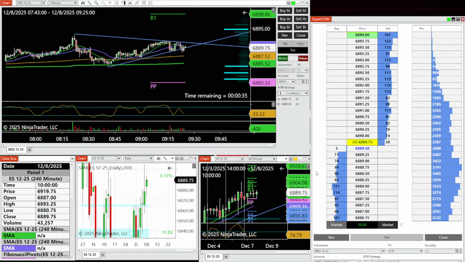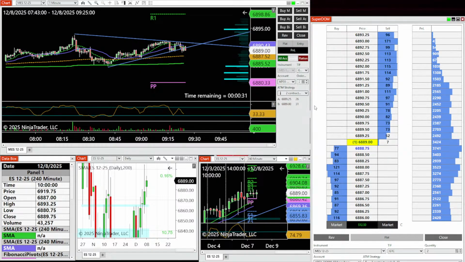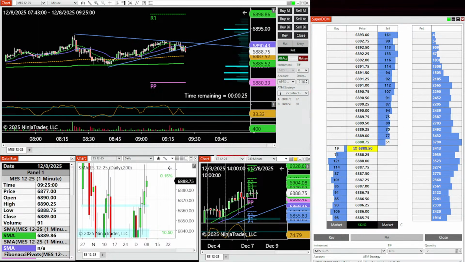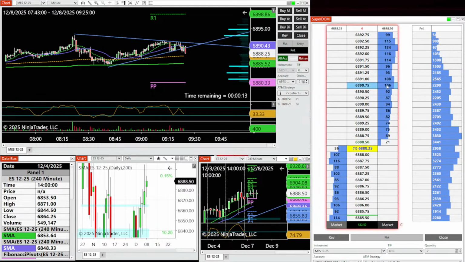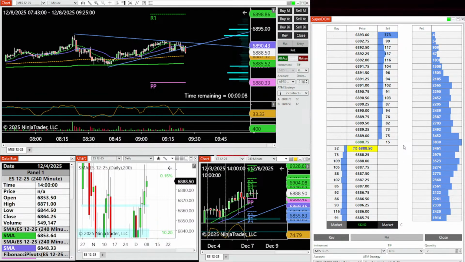So I made some money, but then I drew down from the second contract that didn't make it to where it was supposed to go. I have to do some more checking, but I believe that's it. I got out and made like $22, and then it just came back. And I got out at 1 tick.